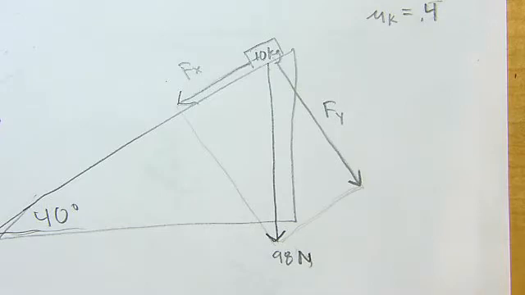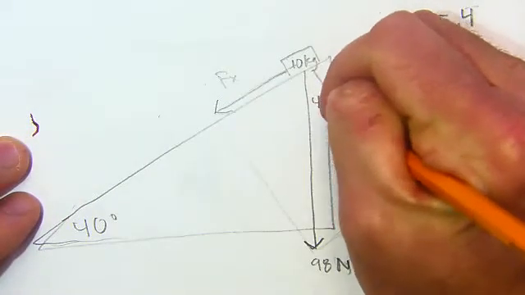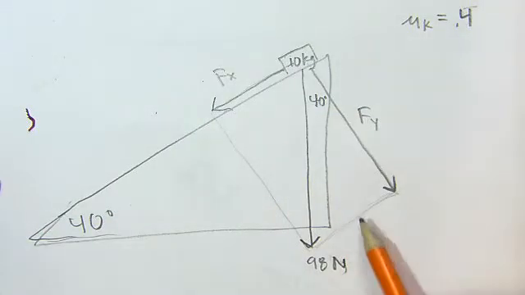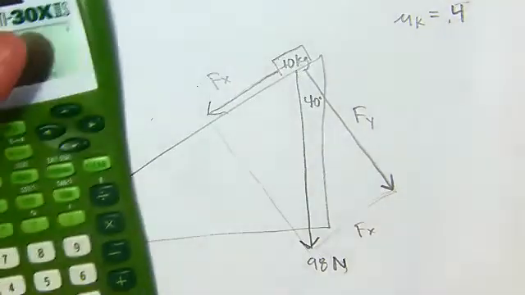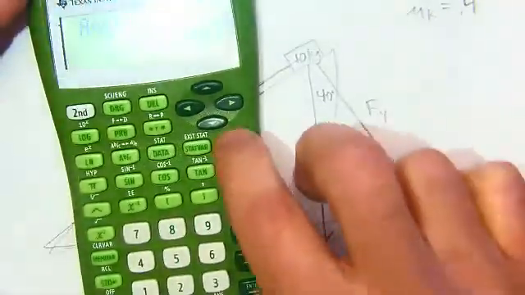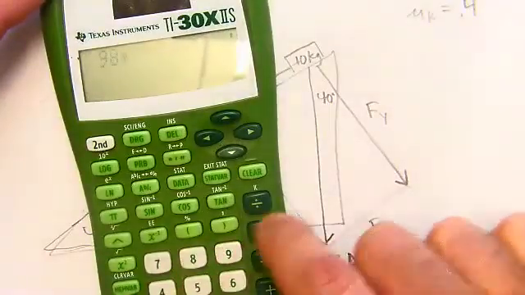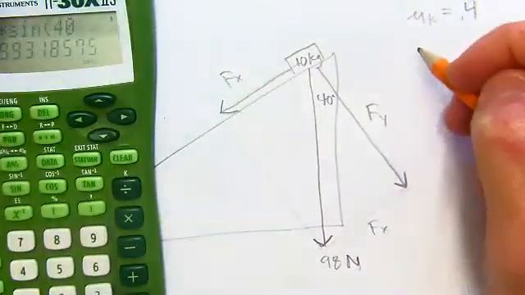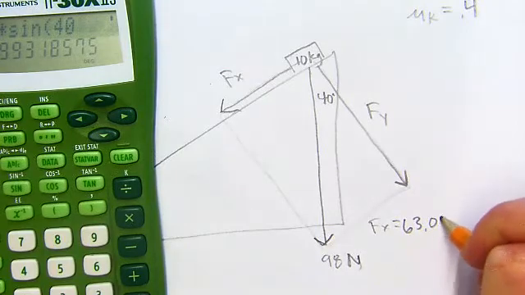Find my calculator. So remember, the 40 degrees went here. That's kind of a tricky thing. The 40 degrees goes in that little slot right there. So the Fx, which we could put down here also, is going to be the sine. So that would be 98 times the sine of 40, which is 63.0.